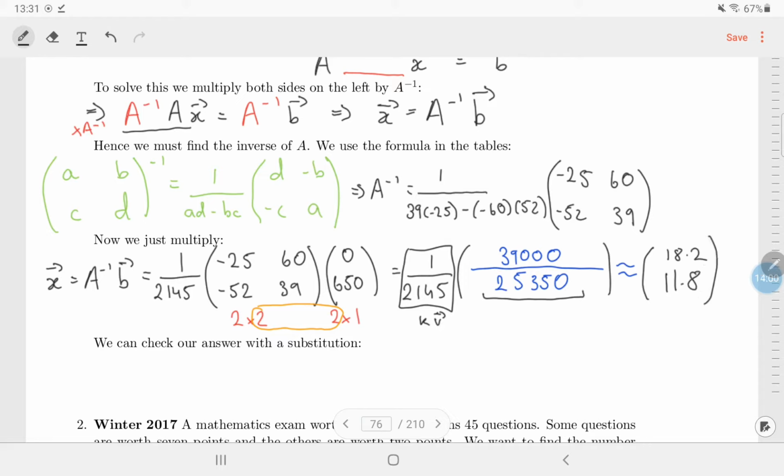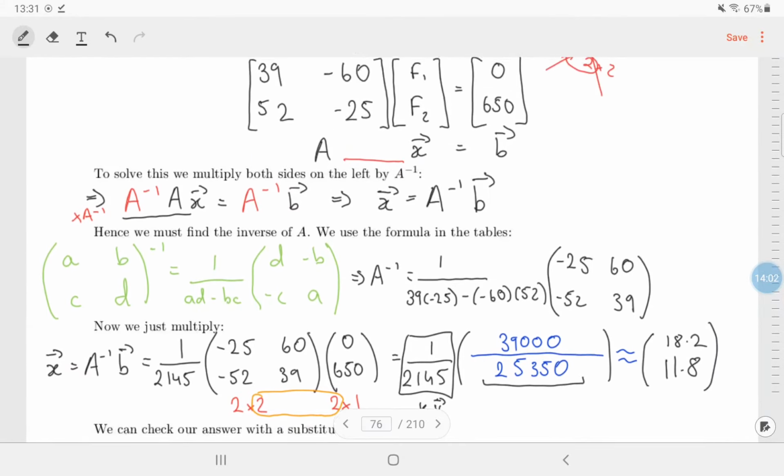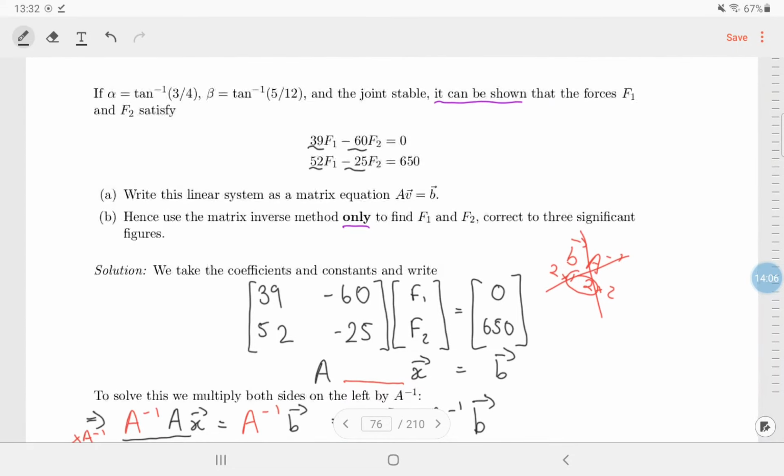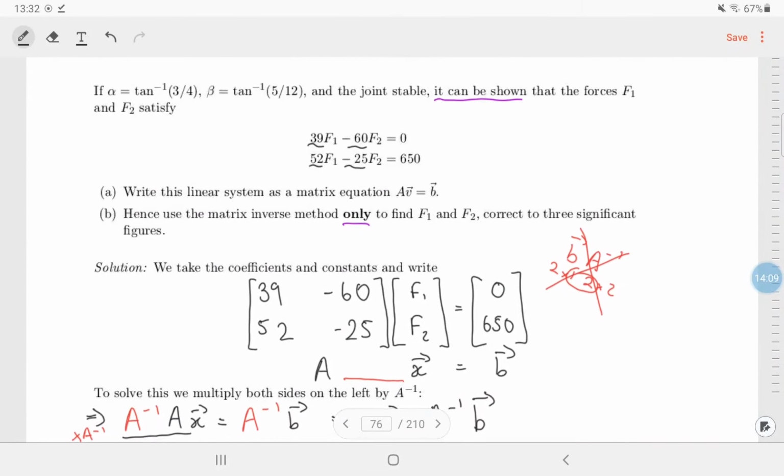Now we can check our answer. So this is F1 and the other one is F2. That's clear from up here with a substitution. So we can check our answer. Now there will be some rounding because we rounded, but they shouldn't be far off.